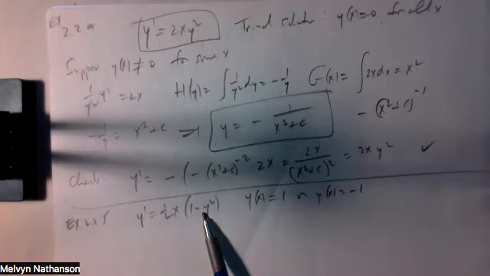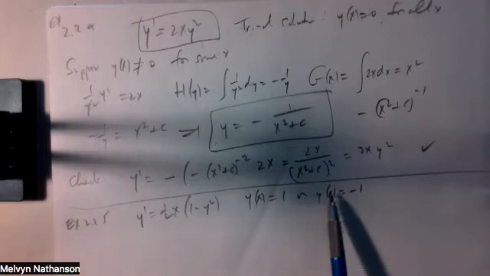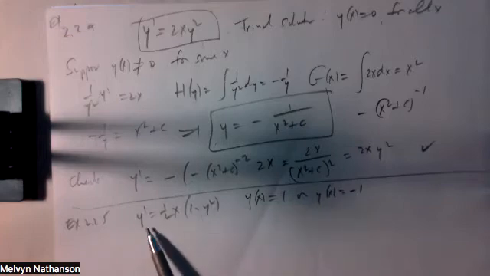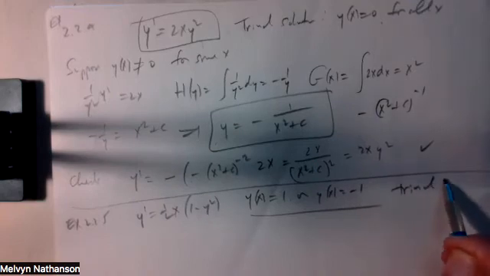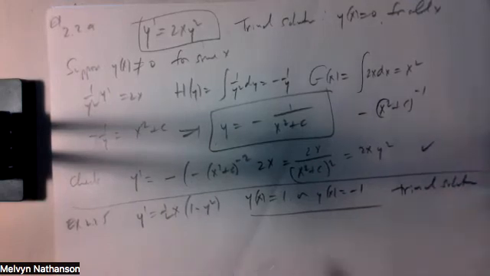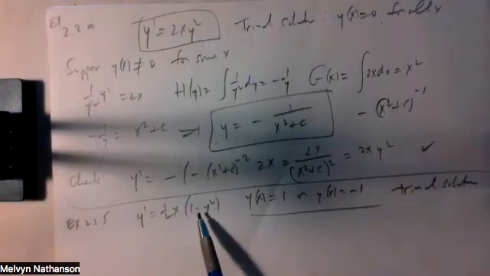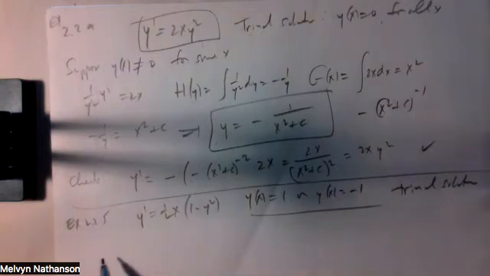So the right-hand side is 0. And the derivative of a constant function is 0. So 0 equals 0. So these are the trivial solutions of this differential equation. Any other solution will have y of x different from plus or minus 1 for some x. So you can divide by 1 minus y squared.